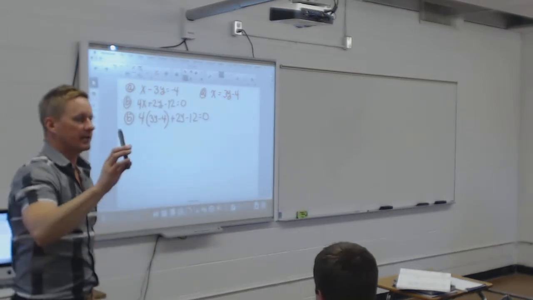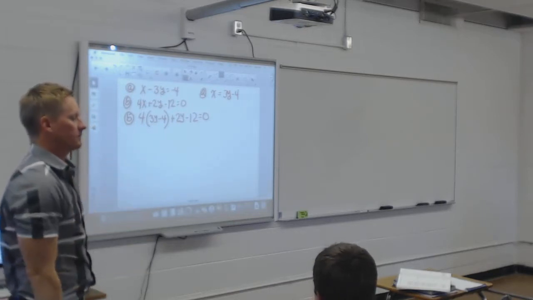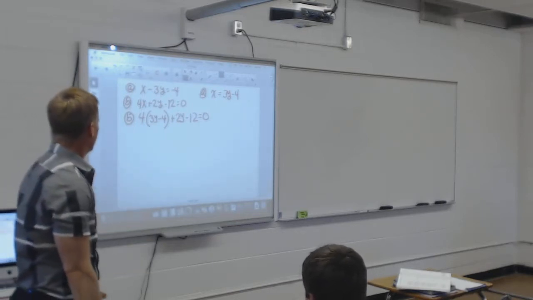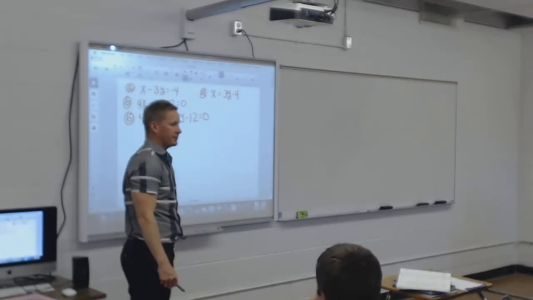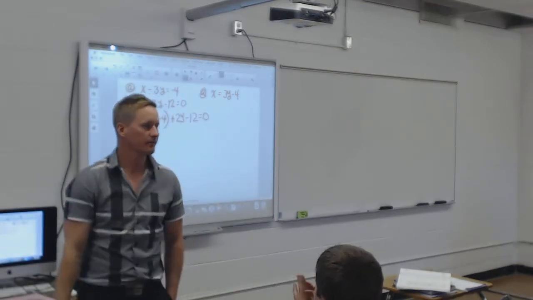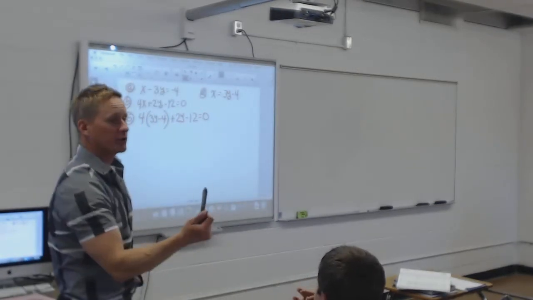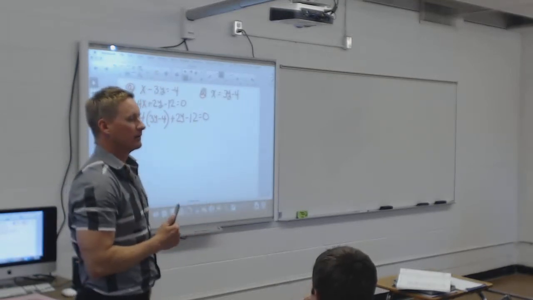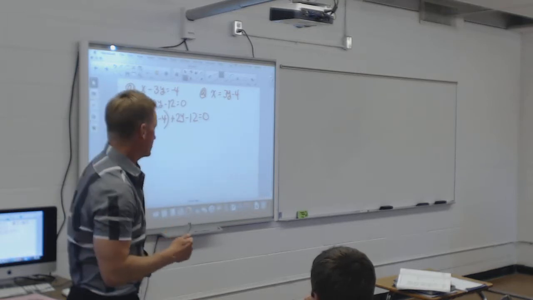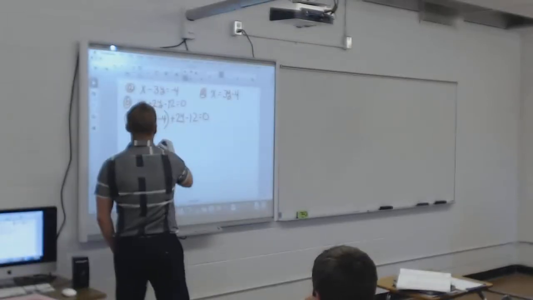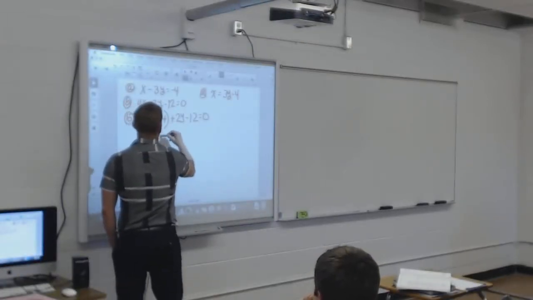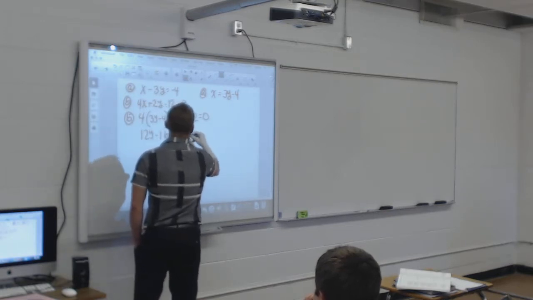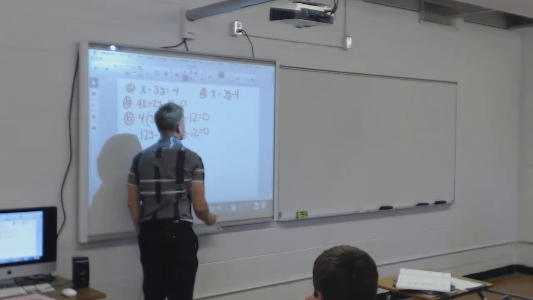Anybody not follow that step? Anybody else have a question? Okay, so what's the next step then? Distribute the brackets. So 12y minus 16 plus 2y minus 12 equals 0.